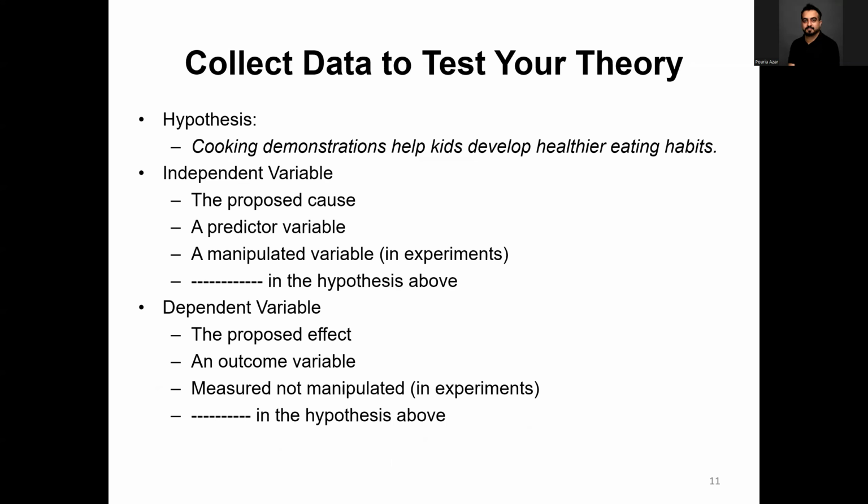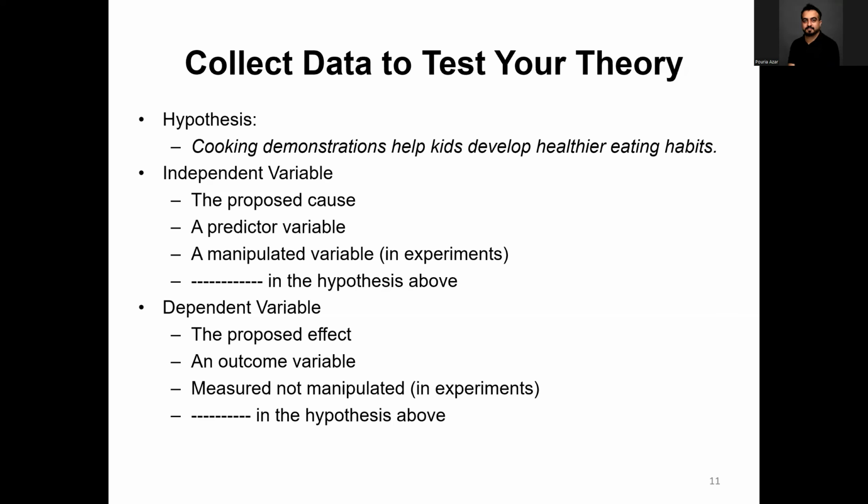So, as I said, variables are the features or conditions that take on different values, and they can differ across people, across entities, or time. We can categorize variables into different groups. There are multiple ways of categorizing variables. One way is to categorize variables into two main groups: independent variable or dependent variable.